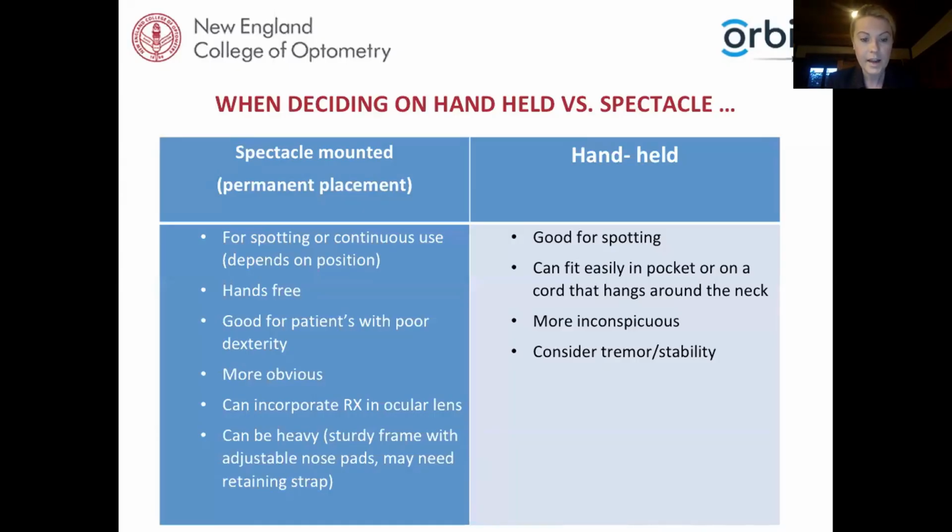These can get heavy the higher in power you go with your telescope. Whereas a handheld telescope is really great for spotting tasks, for brief reading of a sign or a quick thing, and can be more inconspicuous. But if the patient has a tremor and can't keep that telescope still, that is going to limit their ability to use it.